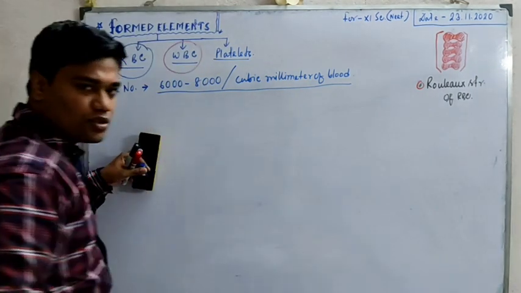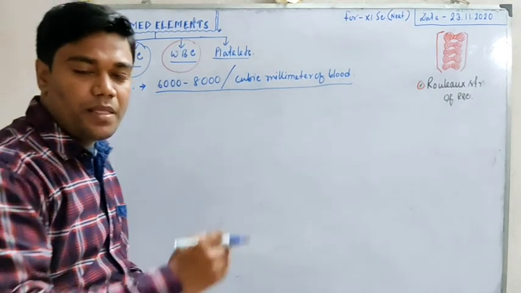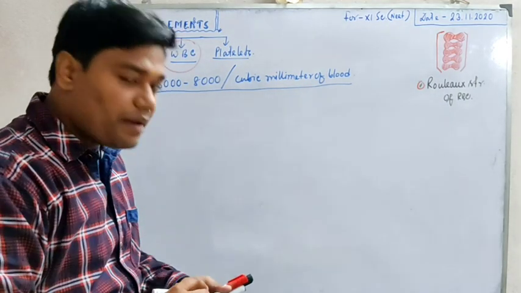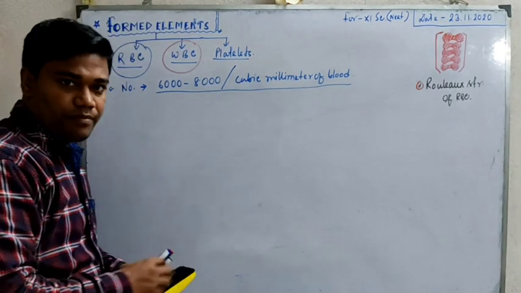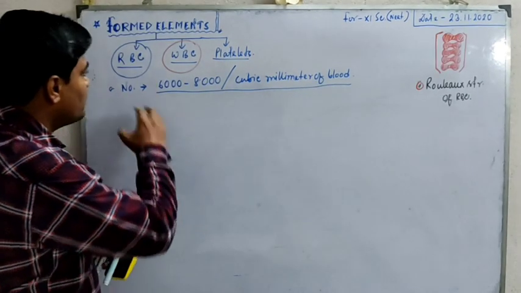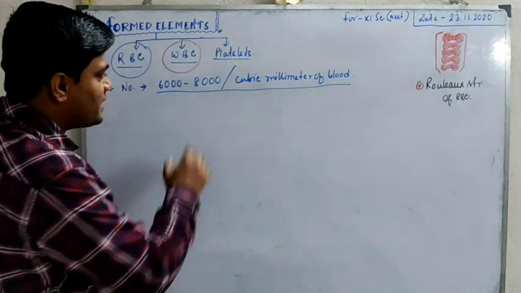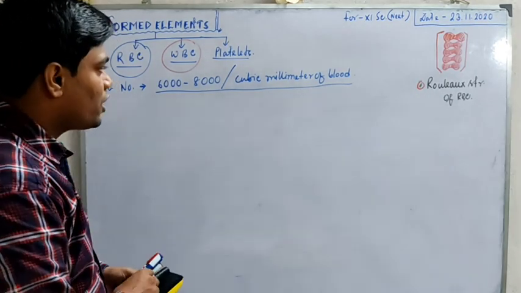Look, it is much less than RBC. RBC, as we found, was 5 to 5.5 million per cubic millimeter of blood, but here WBC are less in number, 6,000 to 8,000 per cubic millimeter.